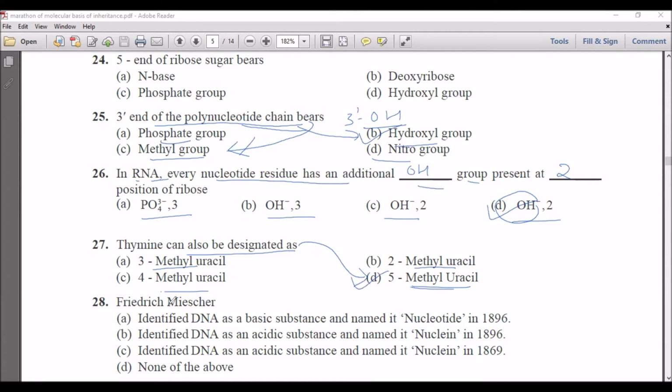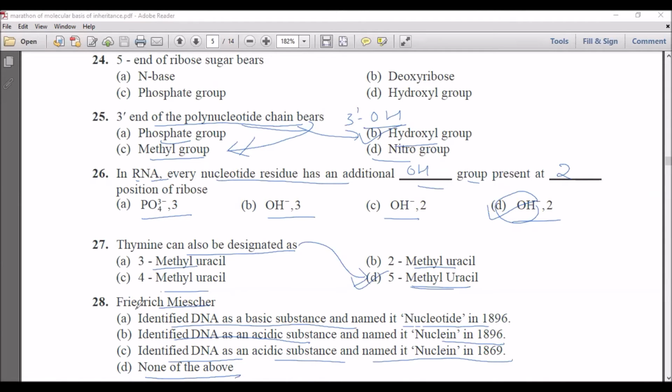Next question is, Friedrich Miescher identified DNA as a basic substance and named it as nucleotide in 1896. Second option is, he identified DNA as an acidic substance and named it as nuclein in 1896. Third is, identified DNA as an acidic substance and named it nuclein in 1869. And last option is none of the above.